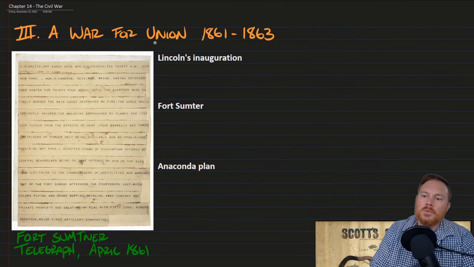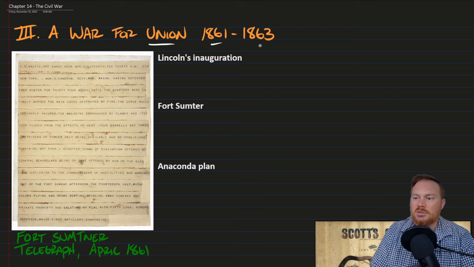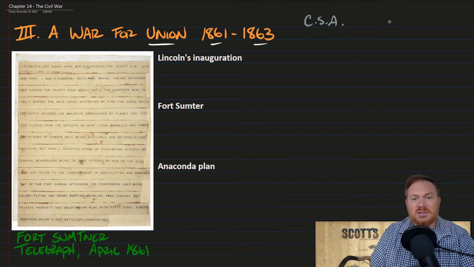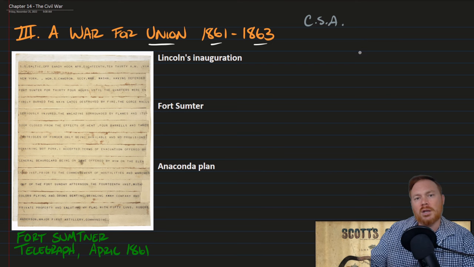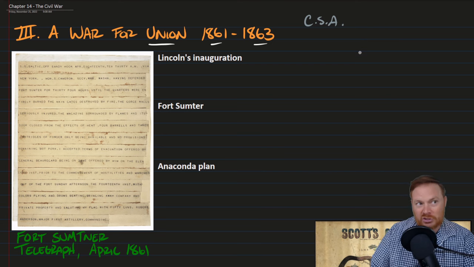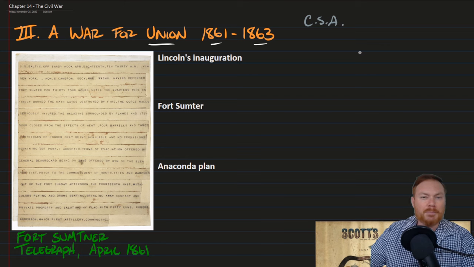Section 3, a war for Union, 1861 to 1863. So the Confederacy had not only broken away, but had elected a president and established themselves as a separate government even before Lincoln had set foot into office. You know, typically when a president is elected, they're elected in November, but they don't actually become the president until a couple of months later, right? January, February.